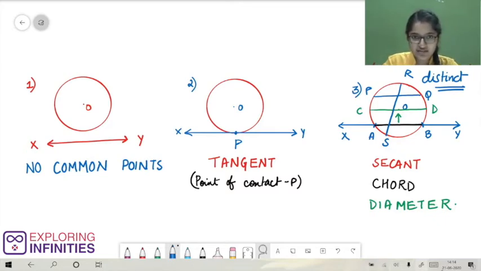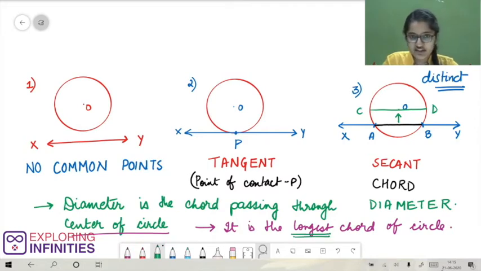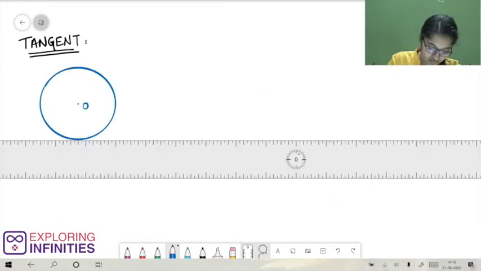Hence, CD, which is the diameter, that means chord passing through the center, is the longest chord of our circle. Hence, diameter is the chord passing through the center of the circle and it is the longest chord of the circle. So here, we have also learned the definitions of the remaining two words in our chapter, which is tangent and secant.